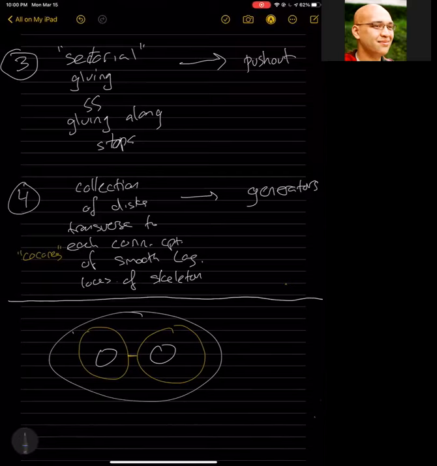And here is one disk transverse to each connected component of the smooth Lagrangian locus of the skeleton. And so an instance of theorem 4 says that these 3 blue guys generate.